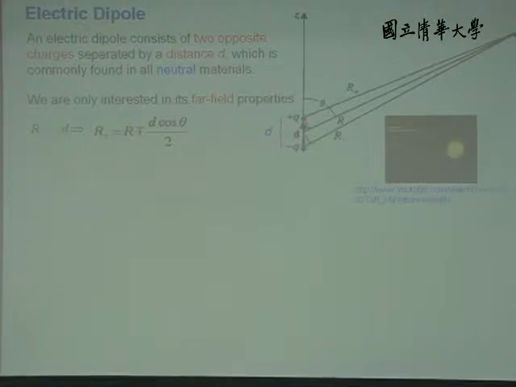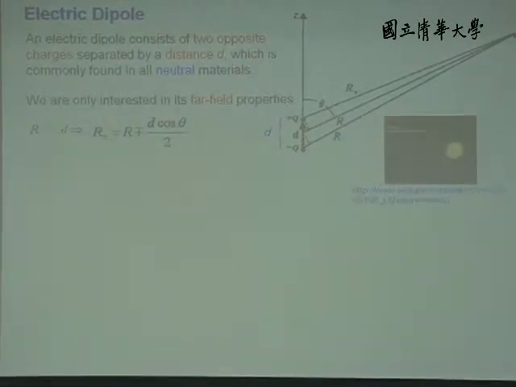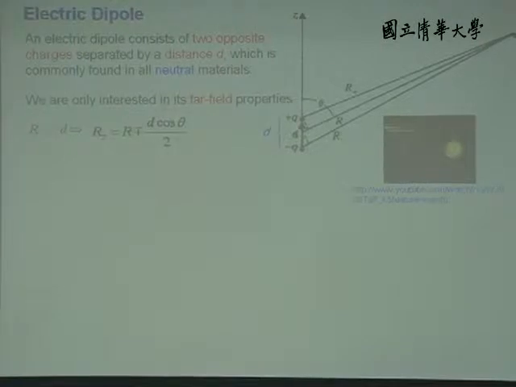in space. Usually, what we care is the far field from this electric dipole, because almost all the applications in engineering we just calculate the far field from an electric dipole. 因为这个在一般的物质里头是中性的物质，是 neutral 的 particle, so usually it consists of two charges.